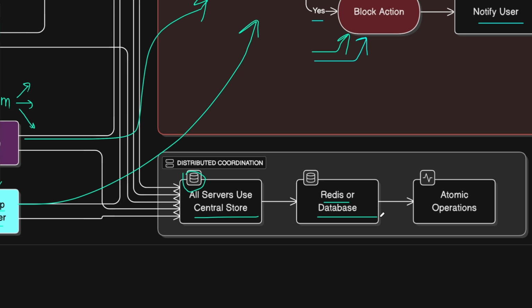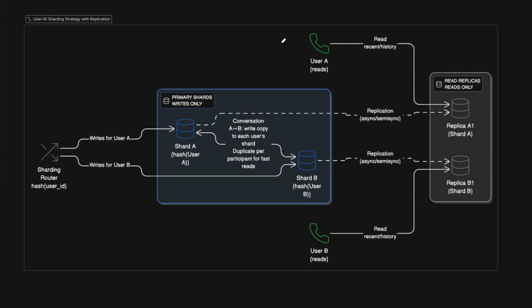Or we can still use a database for keeping this data, but if it's something we are going to keep up to 24 hours, then Redis might be a good option here. And then our atomic operations will ensure that we have the right accuracy, and there is no way to bypass the rate limit by server hopping, connecting to another server and hoping that the rate limit isn't applied on that server.